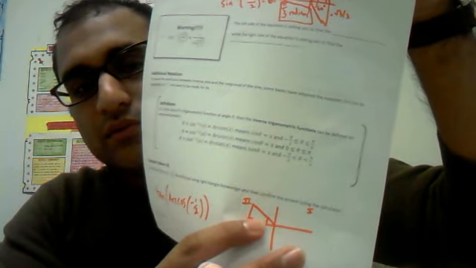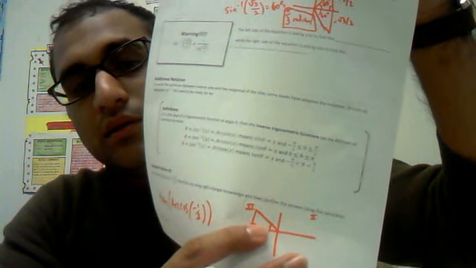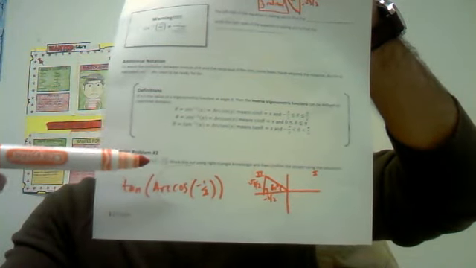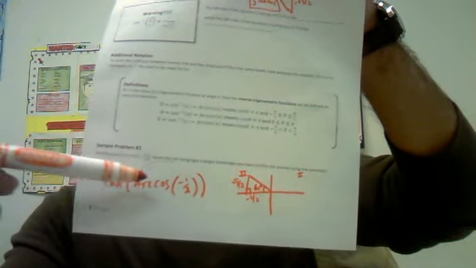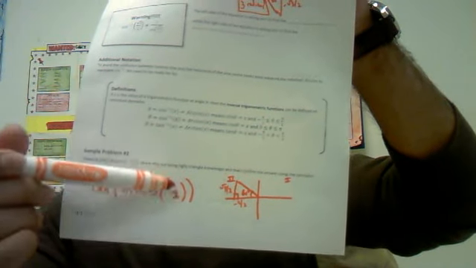Well, what angle can we place in this triangle to where our cosine would be equal to negative 1/2? Well, that angle would have to be 60 degrees. So we're looking for an angle that has a cosine equal to negative 1/2.